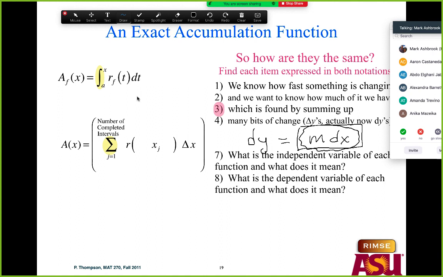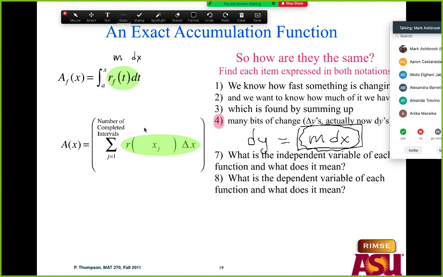And then we're going to sum those all up. So this is the most important thing right here. This is a bit of change. There's our m dx right there. It's multiplication. It's the current rate times a little bit of change. And we're summing all those up from a to x.